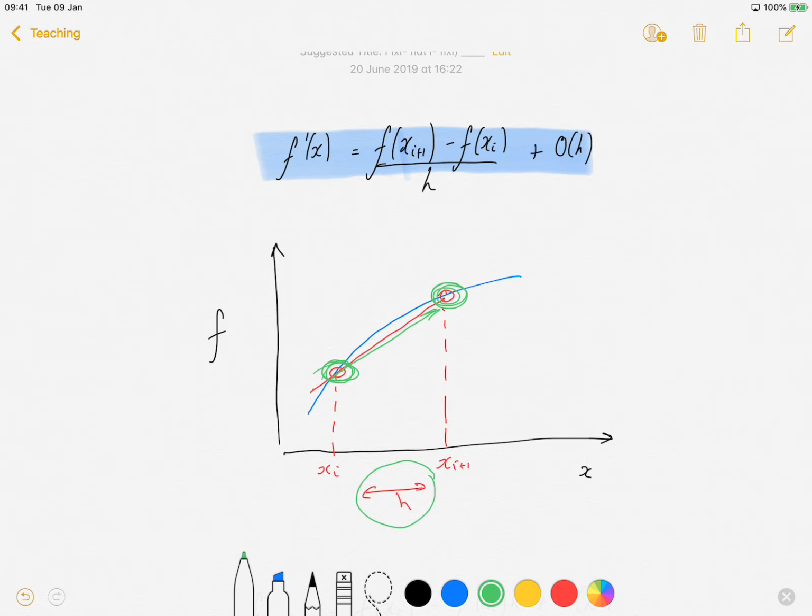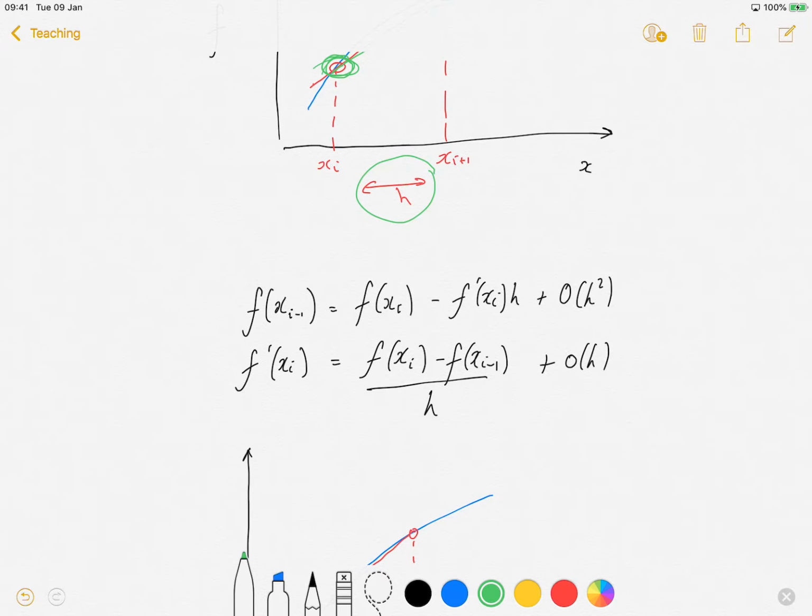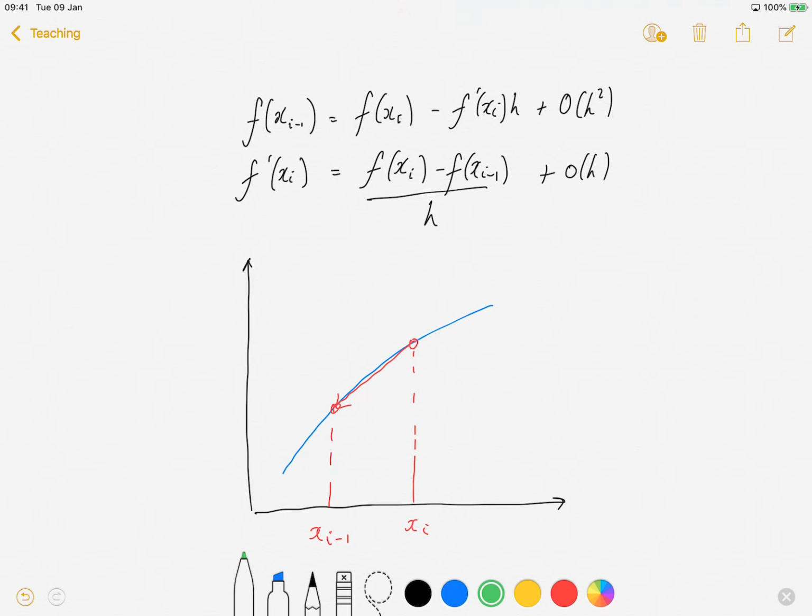Now if we look at a backward difference approximation, we can do that again looking at a graph, and if we plot the function that we're interested in, then we calculate this derivative based on the preceding point.